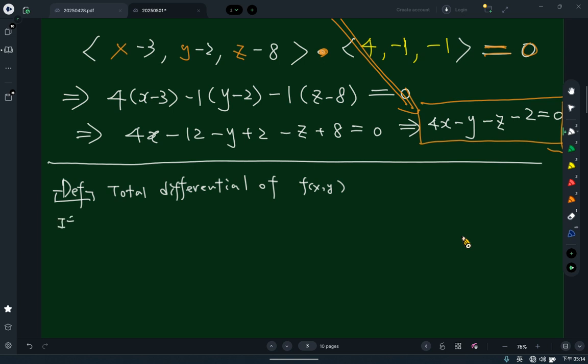So if we move from (x0, y0) to a point (x0 plus dx, y0 plus dy).